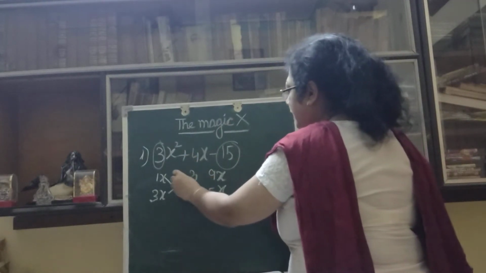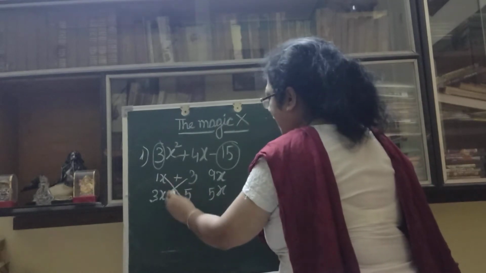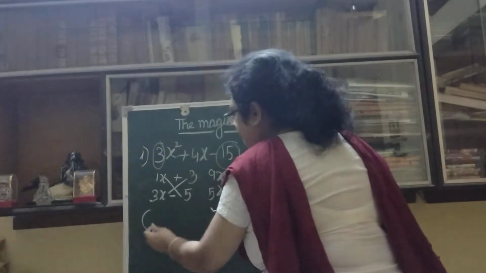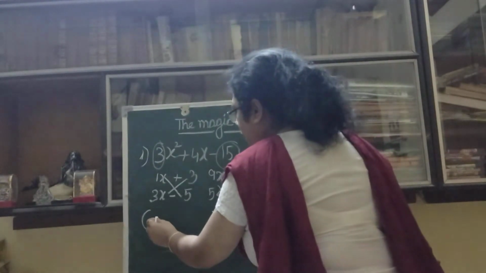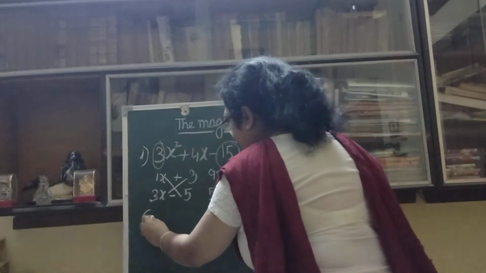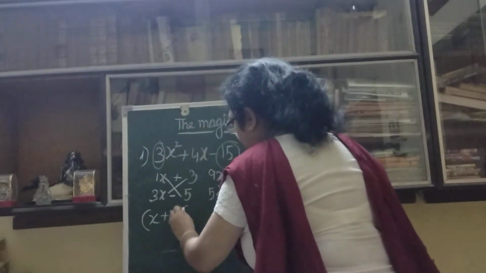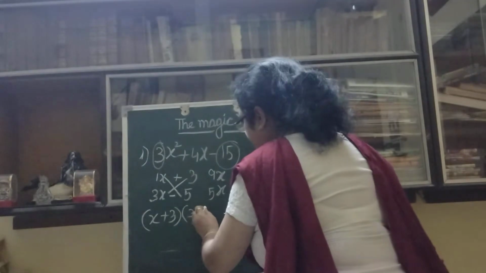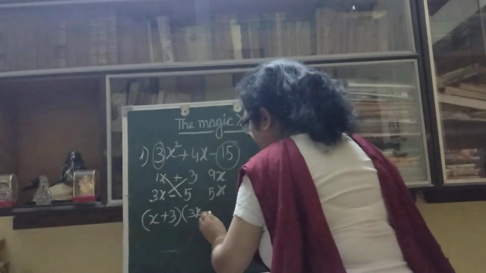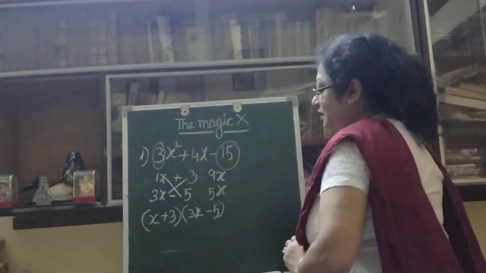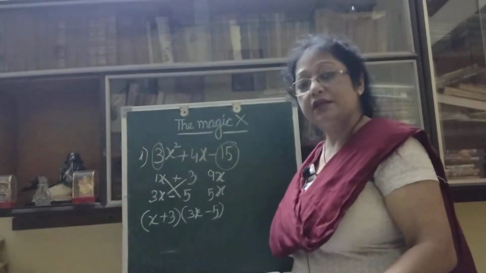So with the bigger number we will put the plus sign, then the minus sign. Now your answer has come. What is your answer? Your answer is x plus 3 and 3x minus 5. Your answer has come.